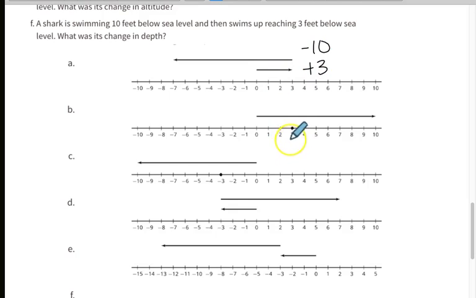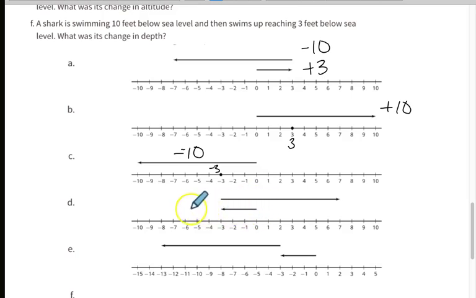Here it's probably going to end at a 3, and it's going to have some type of positive 10 in the problem. Here it's going to end at a negative 3, and it's going to take away, because it's going down, some type of negative 10 over there. This one looks like an addition problem because there's 2 lines.